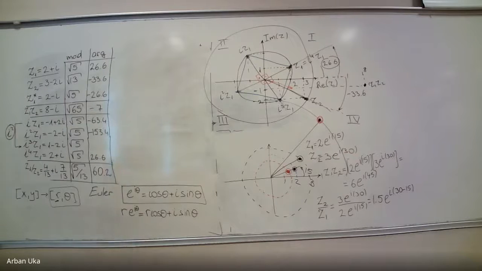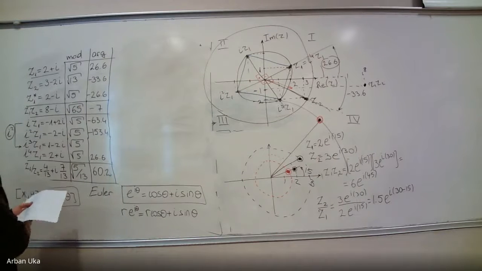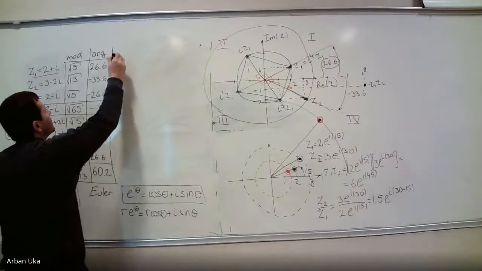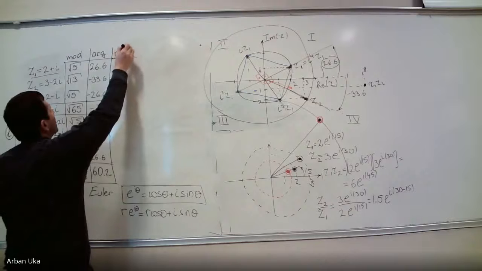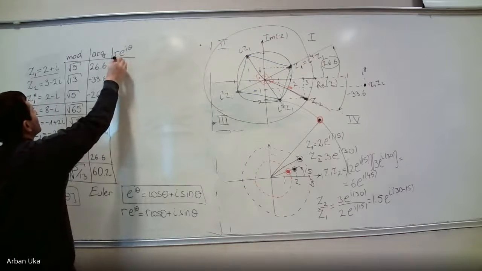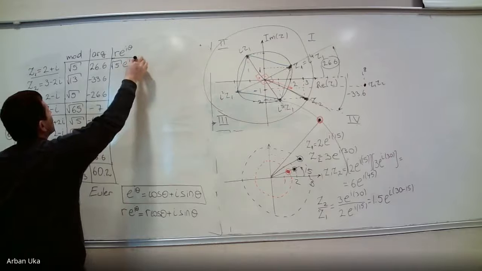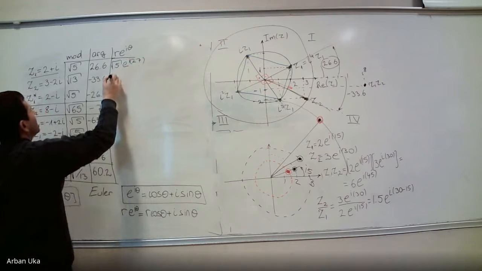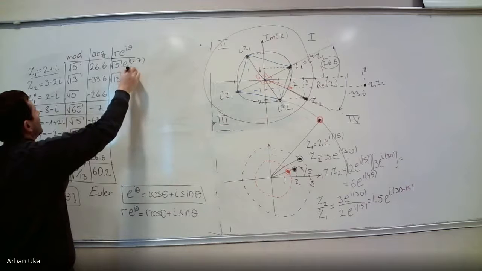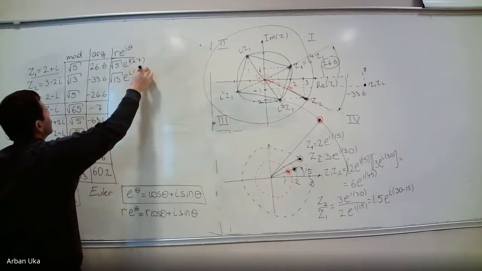so let's continue where we left. It looks like these complex numbers that we have written here can be represented using the polar representation as r e to the power i theta: square root of 5 e to the power i 27, and here we have square root of 13 e to the power i minus 34.